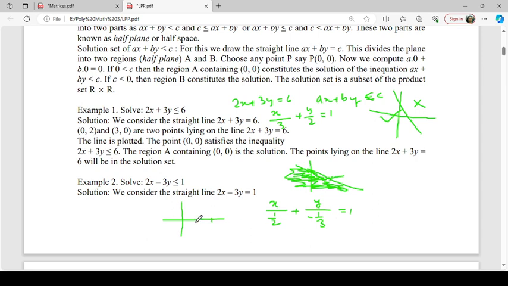So the x intercept is half and the y intercept is minus 1 by 3, somewhere here. We join these, and this is the line. Now less than 1: the point (0,0) gives 0, so (0,0) lies on this plane.